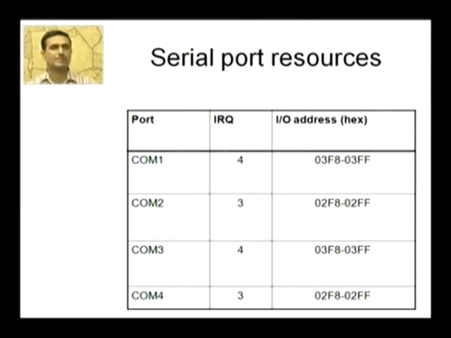And the next one is COM4, communication port 4. It uses the third IRQ, and the input output address is 02F8 to 02FF. So we can see from the table that COM1 and COM3 are using the same IRQ, that is the fourth IRQ, and their input output address is also the same.